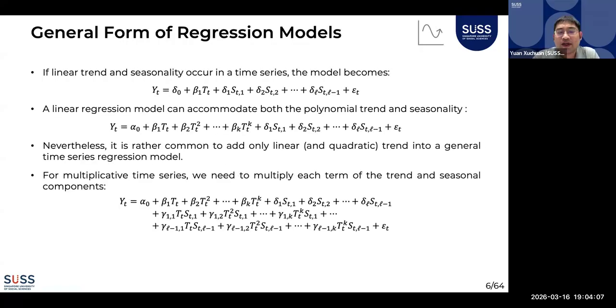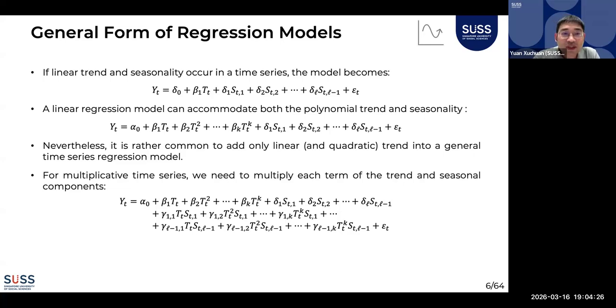If you incorporate both trend and seasonality, you have time as an independent variable and also the seasonal indicators as independent variables in your multilinear regression model.